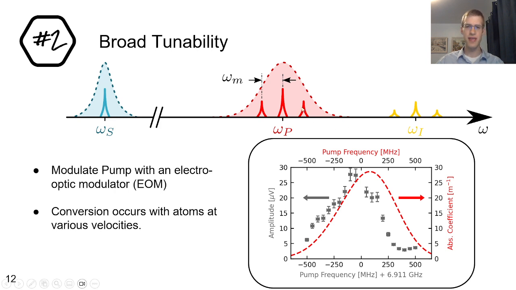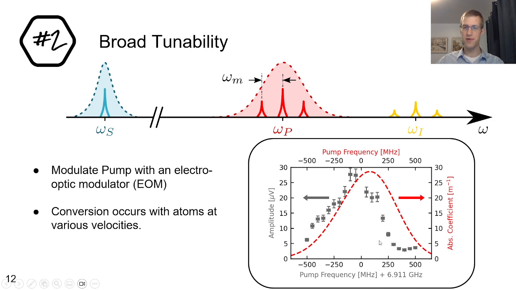Now each of these will interact with a separate velocity class of atoms, and they'll combine with a signal to create their own corresponding idler peak. We can similarly tune this modulation frequency and sample different points in the Doppler spectrum. And here we can sample over a range of about 1 gigahertz and see this conversion.